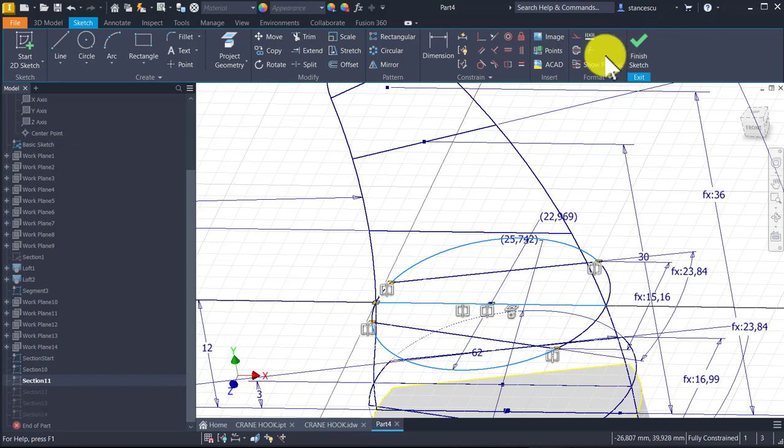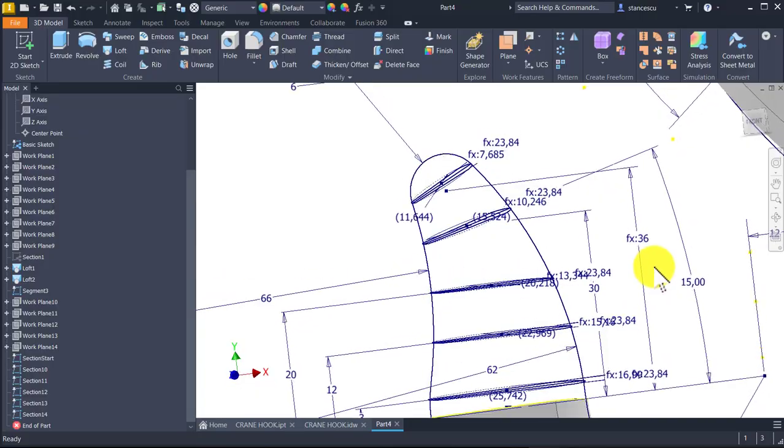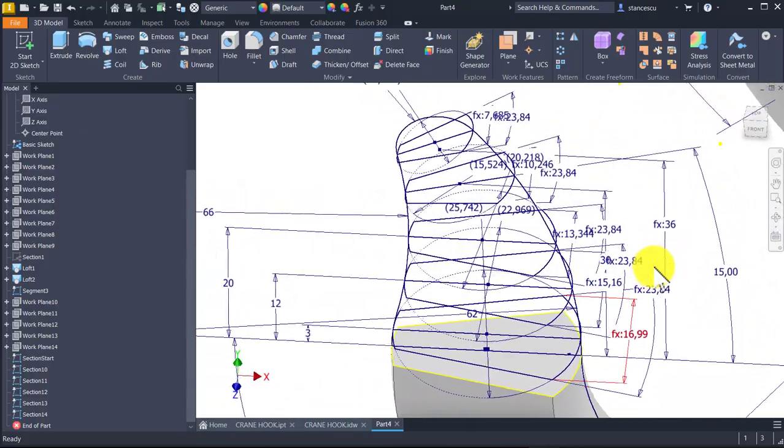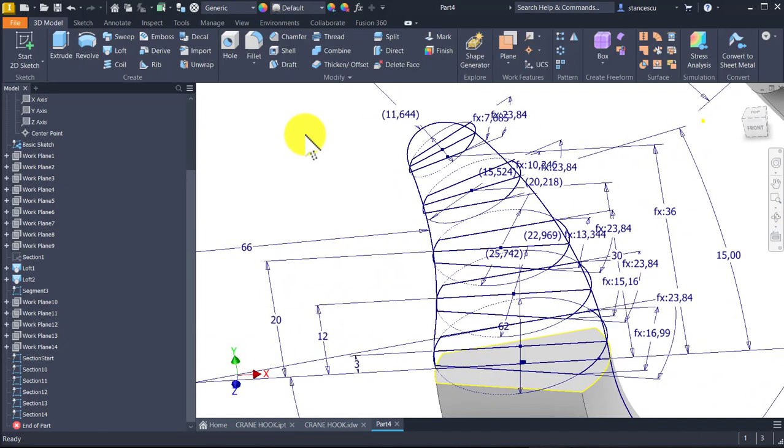When I apply loft, it stops because there are many closed contours here. 1, 2, 3, 4, because this is also a normal line. Now it is not. Finish sketch. Now we have only the contours we want to have.